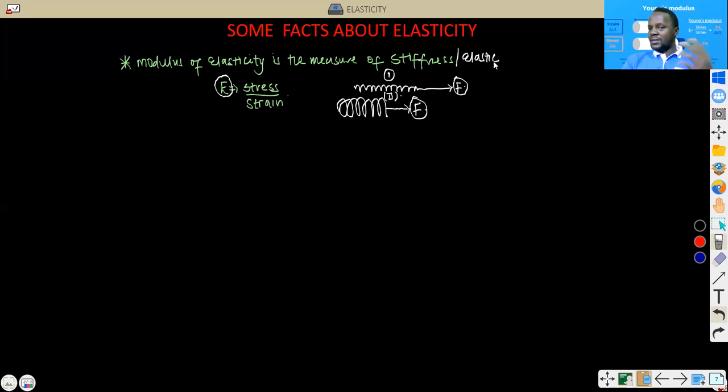So the one that has less strain has a high modulus of elasticity, and hence wire 2, or rod 2 or string 2, is more elastic than the first one.